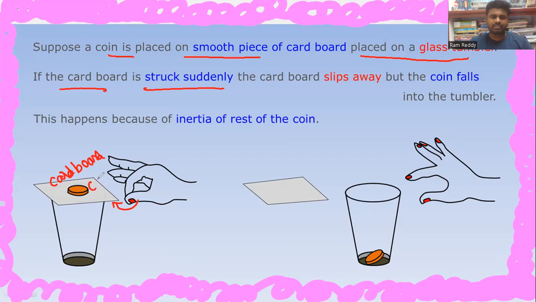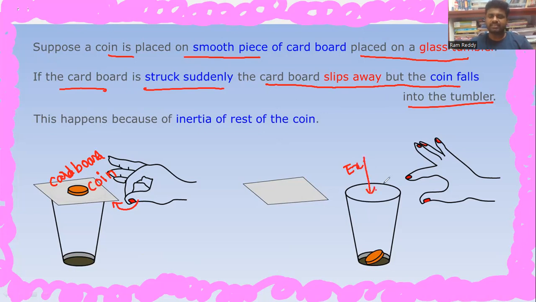This is our coin. We didn't apply any external force on the coin, but we apply force on the cardboard. Suddenly the cardboard slips away, but the coin falls into the tumbler. If you observe here, the coin falls into the tumbler.